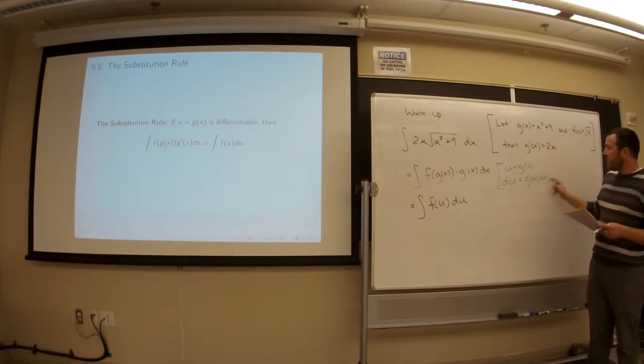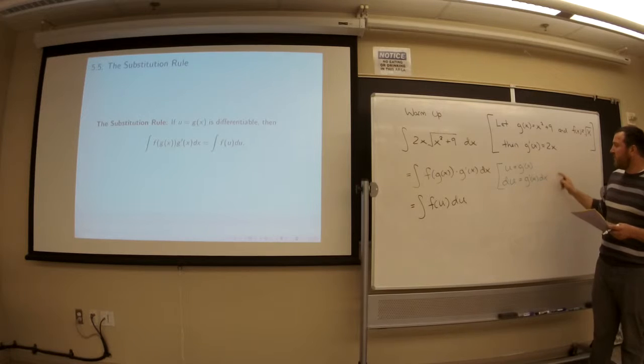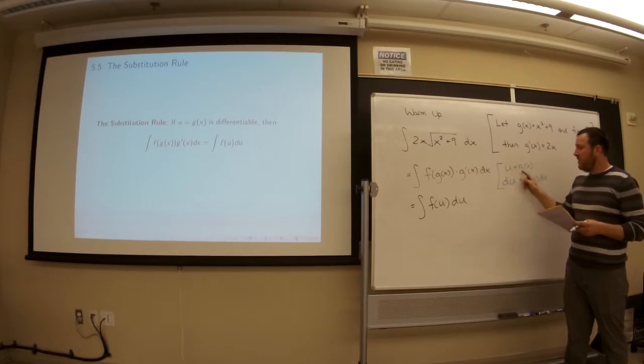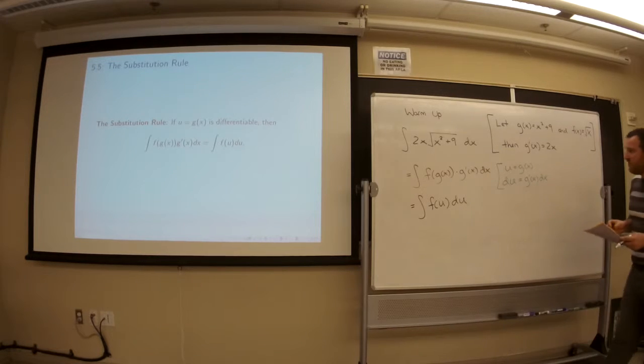Okay, but then this shows a nice substitution where g prime of x dx gets substituted in as du, and produces that integral of just f of u du.